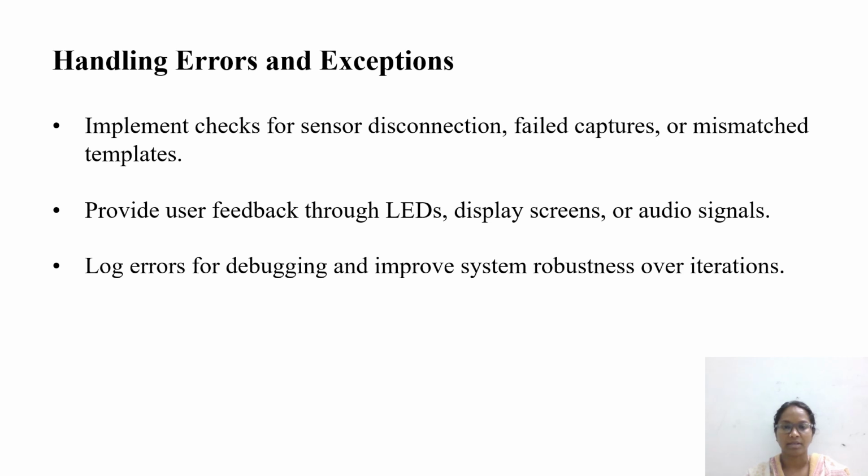Sometimes the connection may disconnect, or a capture may fail, or a mismatch may occur between our data and the database. Provide user feedback through LEDs, display screens, or audio signals when a mismatch occurs.